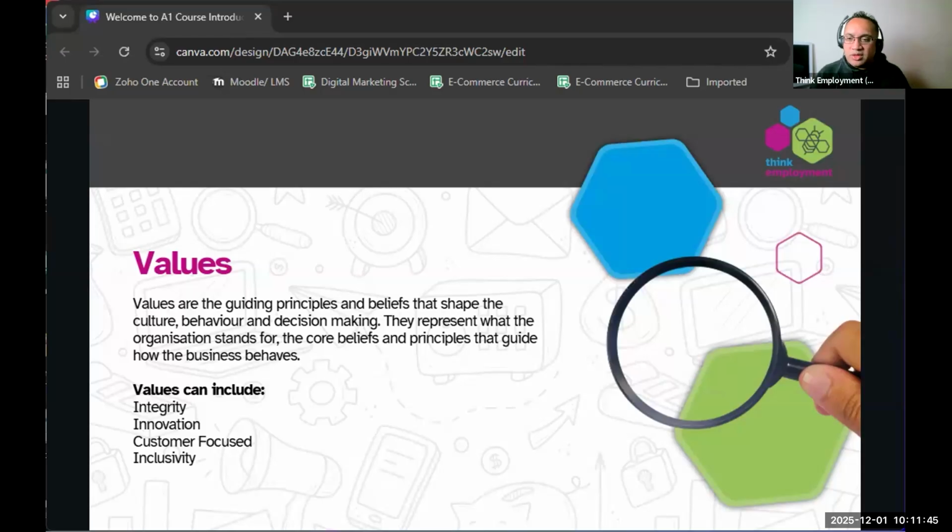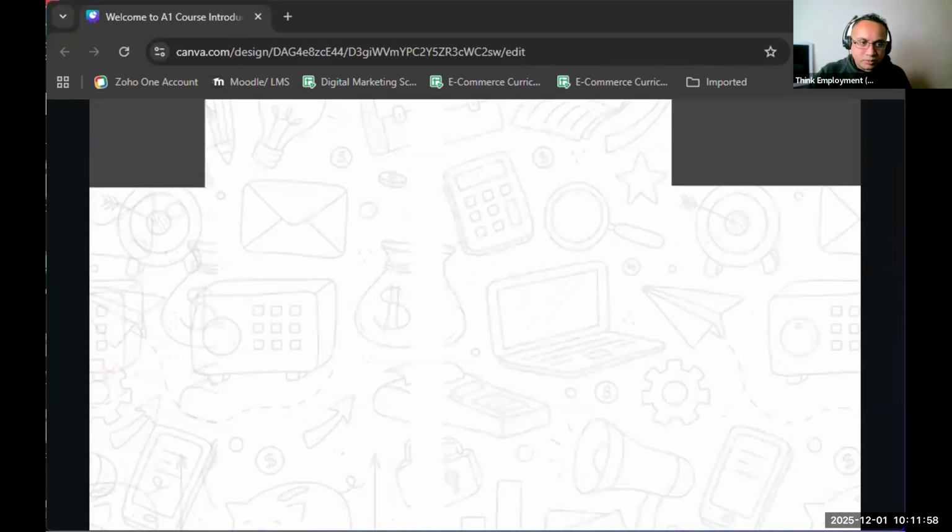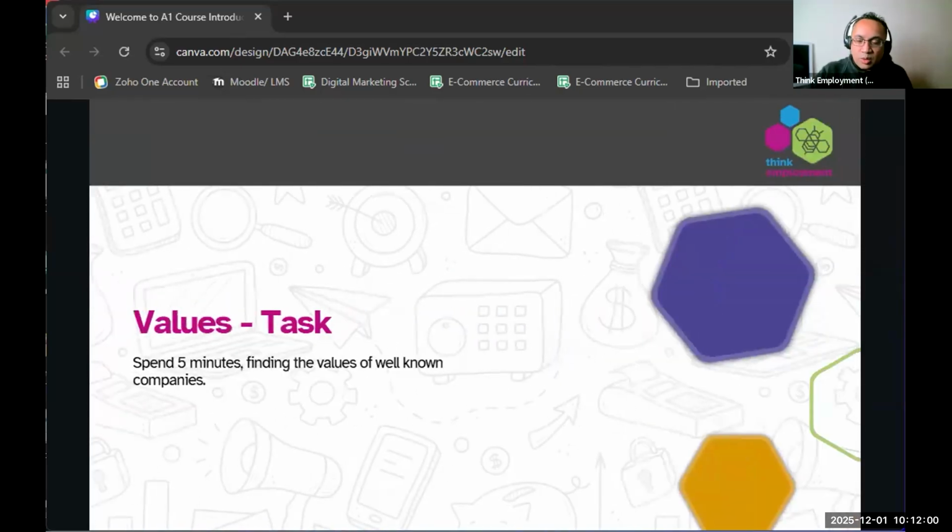So think about your values. You've given me a mission statement of how you're going to do things. But what are your values? What do you believe in? I want you to spend 5 minutes now to think about your own company values, but what I want you to think about is what other companies are using as their values.